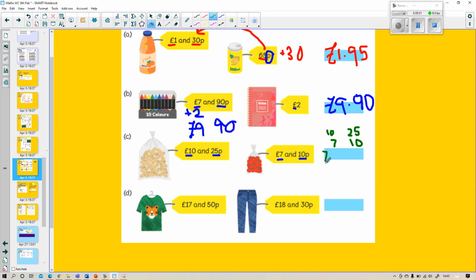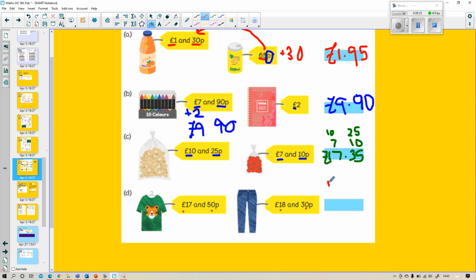So I know 10 and 7 is going to give me £17. 25 plus 10 more will give me 35 pence. Okay, we've got the same coming down here. Pounds, pence, pounds and pence.